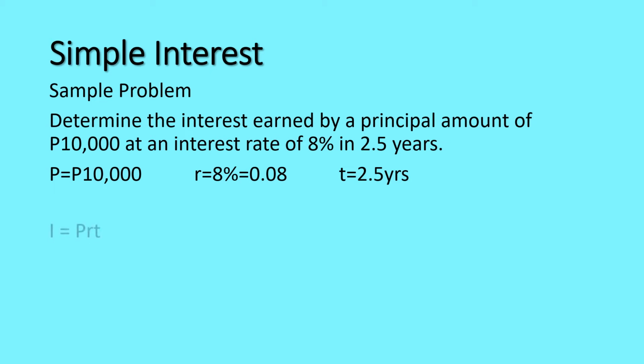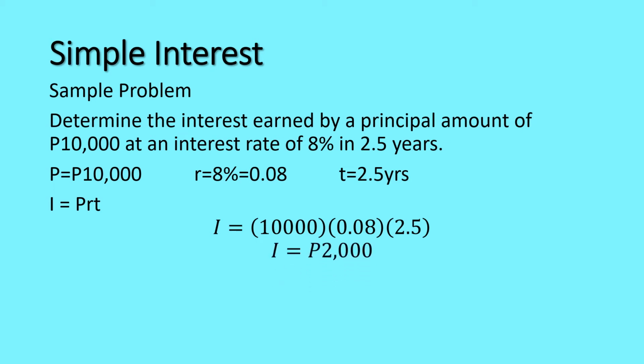As we've said, the formula for the interest or simple interest is I equals P times R times T. So all we have to do is to simply substitute the values of P, R, and T to our formula for I. So we will now have I equals 10,000 pesos times 0.08 times 2.5, that will give us an answer of 2,000 pesos.